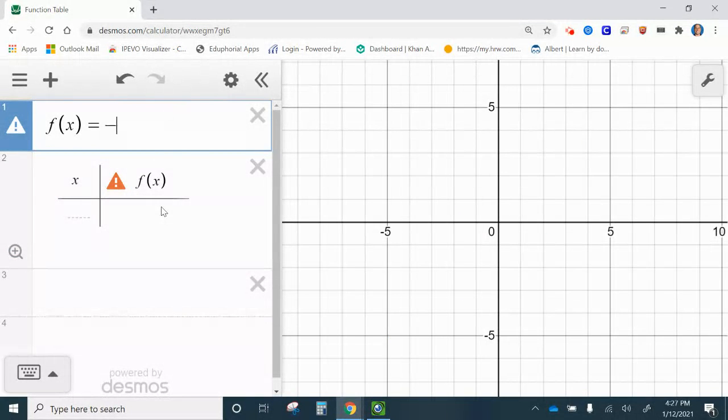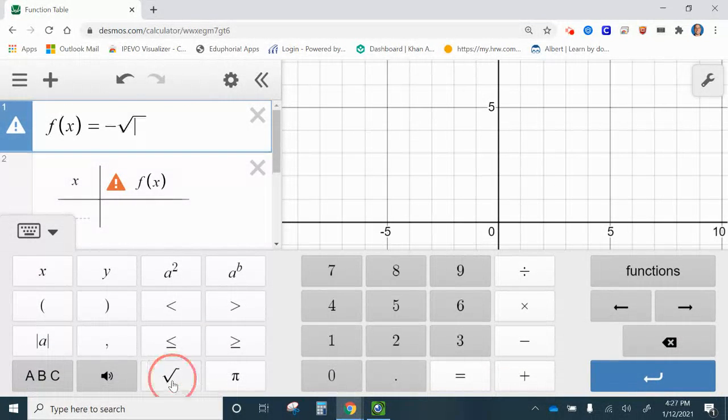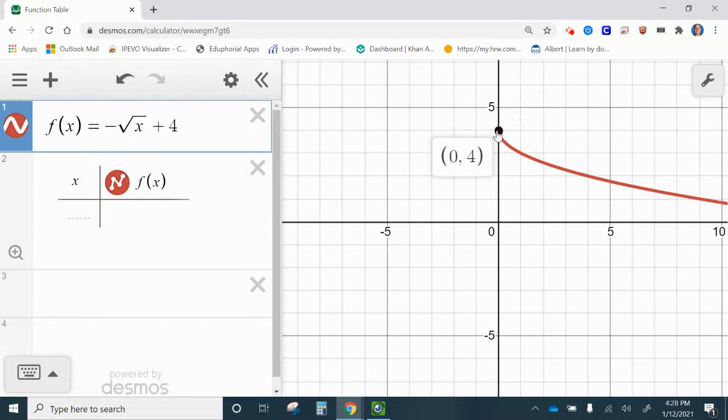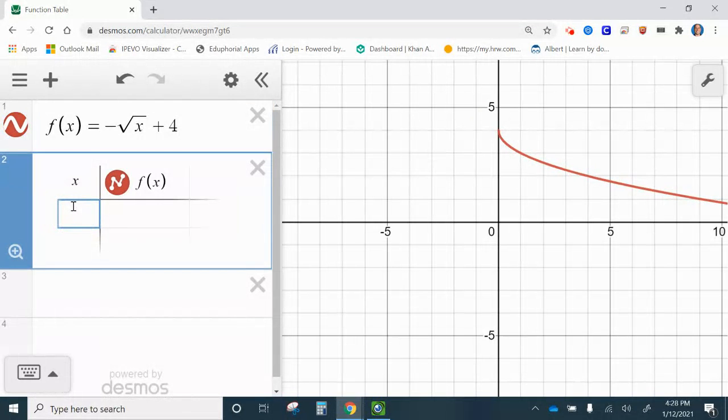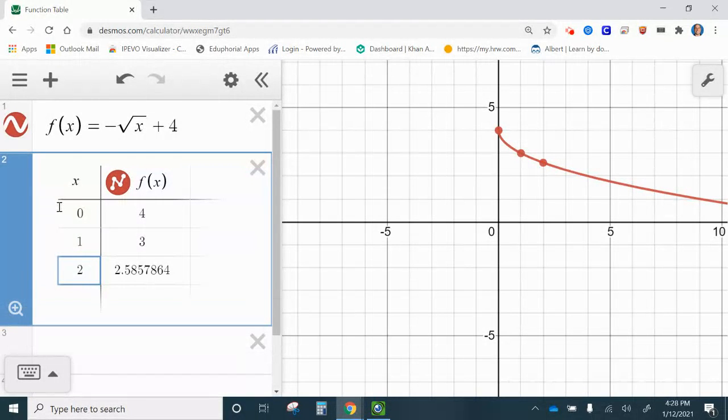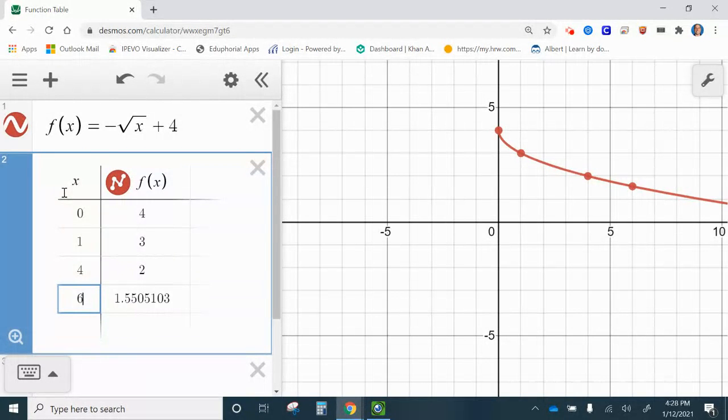So that's negative square root of x plus 4. Now we know it has to start here, 0, 4, so we're going to put 0. Then let's use 1. Then 2 doesn't work, 3 doesn't work, 4 works. 5 doesn't work, 6, 7, 8 don't work, 9 works. So let's use those values: 0, 4, 1, 3, 4, 2, 9, 1.